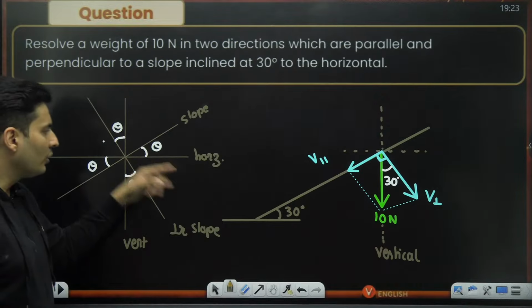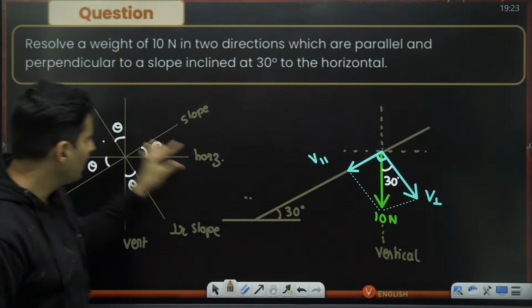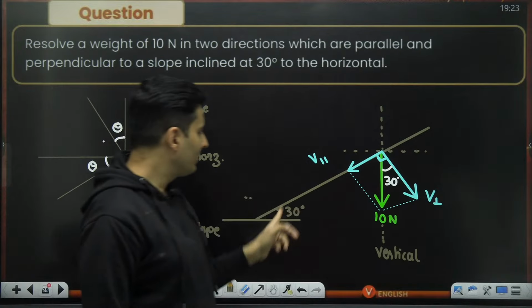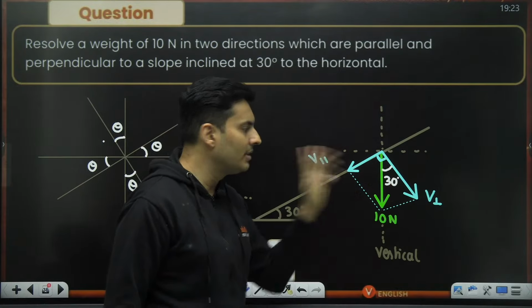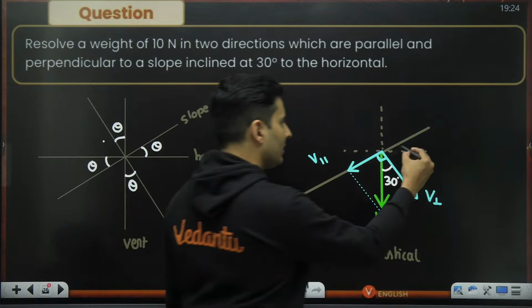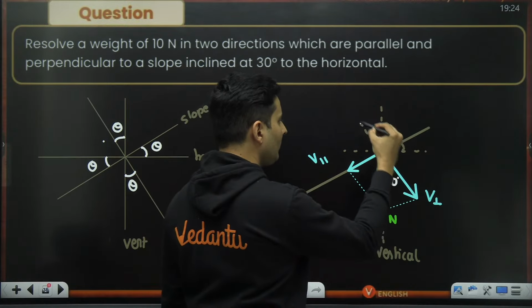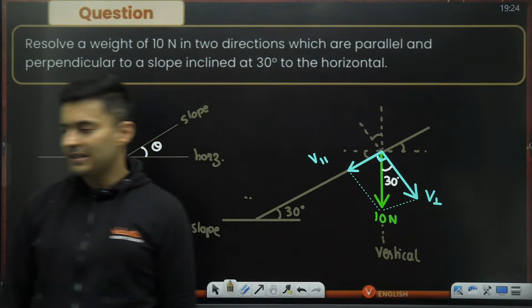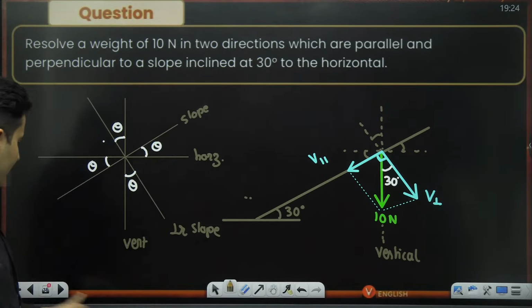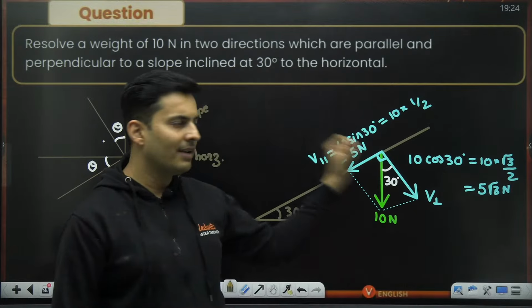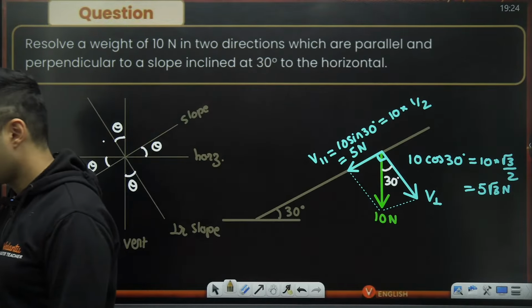So if you know this angle is 30, every alternate angle will be 30. So if this is 30, 100% this angle should be 30 by that logic. Because this will be 30, this will be 30, this will be 30, and this will be 30. Is that now clear? Once I get the angle, I can write down the closer one is cos, the far away one is the sine component.